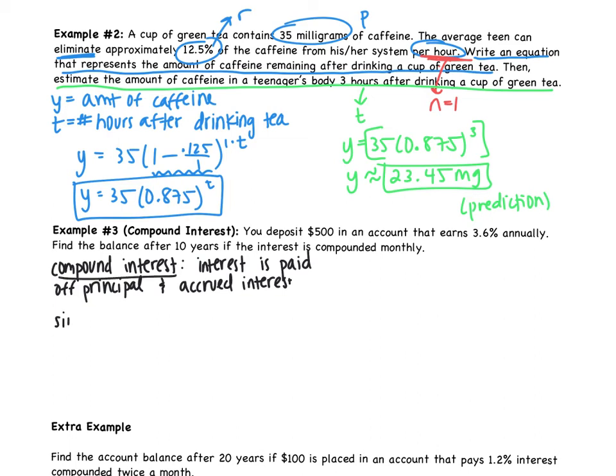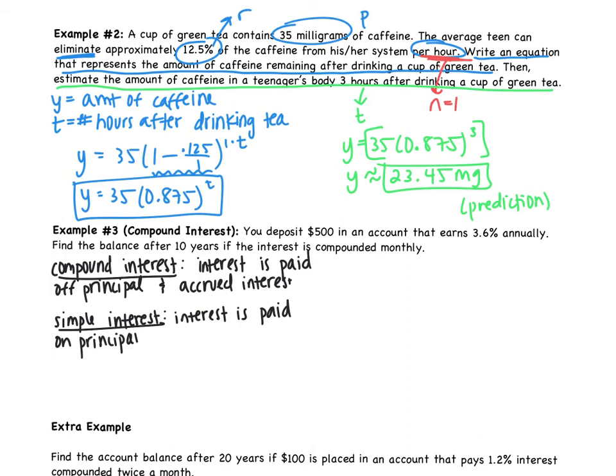Now, simple interest, on the other hand, this is interest that is paid on the principal only. So if I get interest every month, that doesn't count towards the interest I get in the future.